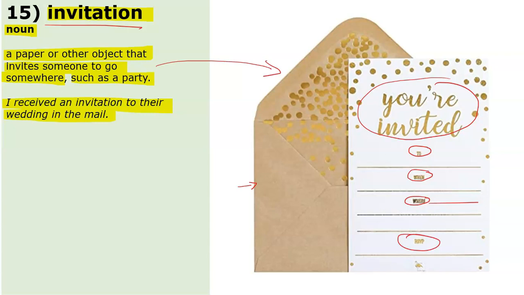What are you invited to? That is an invitation. And these days, many people will just get an invitation by a message on their phone, instead of actually sending a real paper, they will just send a digital invitation.